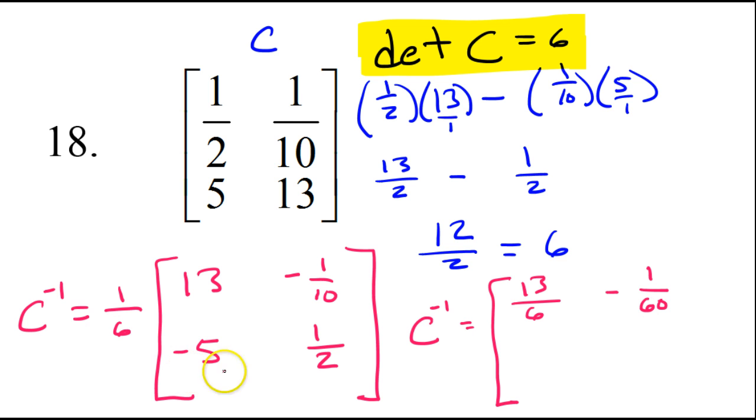Okay, 1/6 times -5 is going to be -5/6, and 1/6 times 1/2 is going to be 1/12. So this should be the inverse of matrix C.